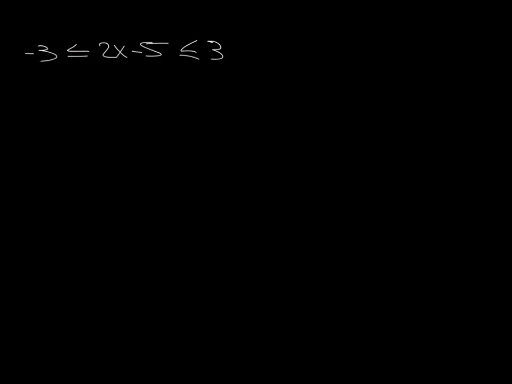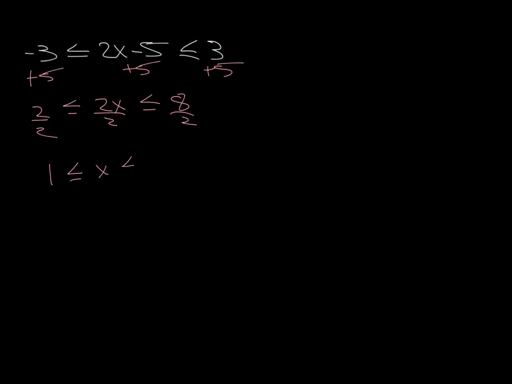So what we're going to do here is add 5, add 5, add 5. Okay? And then we do the same thing here. Divide by 2, divide by 2, divide by 2. And we get that. Okay, now we can graph it.